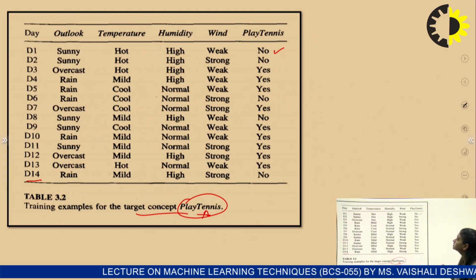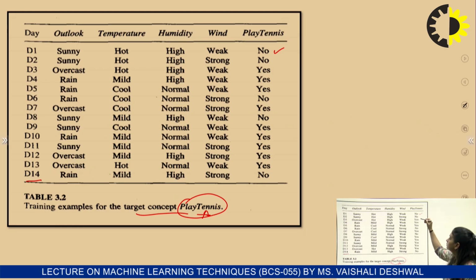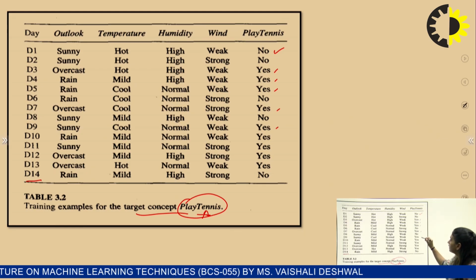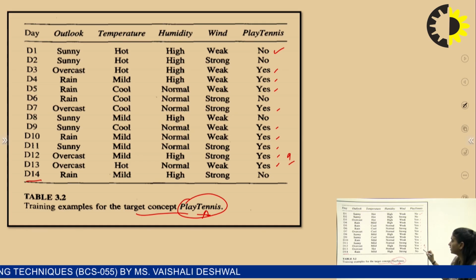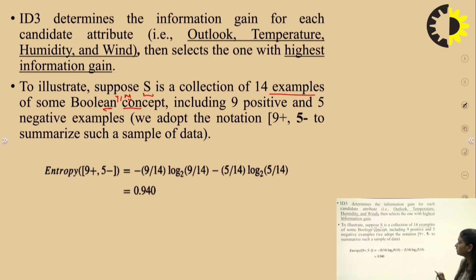You can count this: we have 9 examples of yes, and 5 negative examples. This is the notation we can use to represent 9 positive and 5 negative to summarize the sample of data.